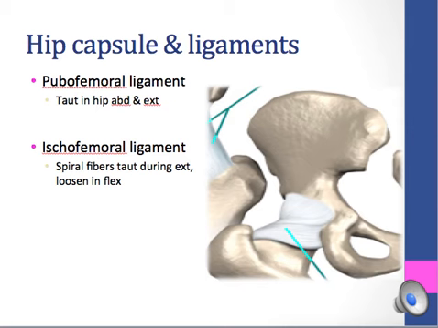So if we're getting some instability, we might get instability into abduction and extension if that pubofemoral ligament is compromised. And then our ischiofemoral ligament, those spiral fibers, are taut during extension and loose during flexion. So opposite of the joint capsule, right? The joint capsule is pretty loose in extension, but taut in flexion.